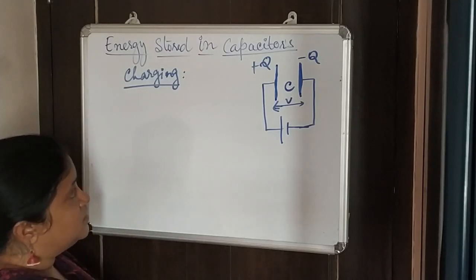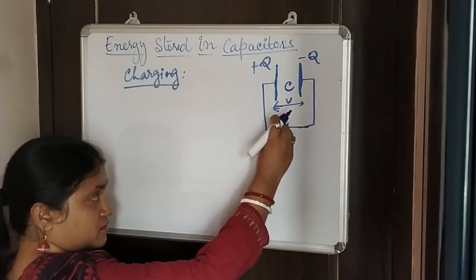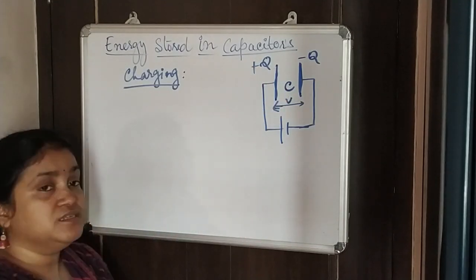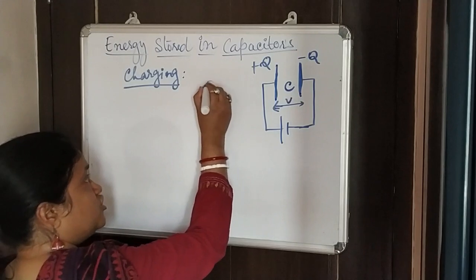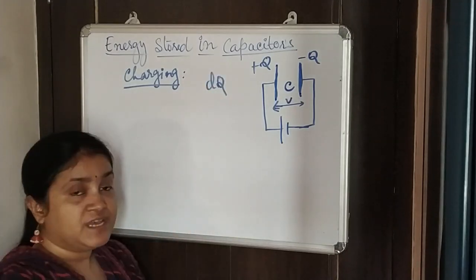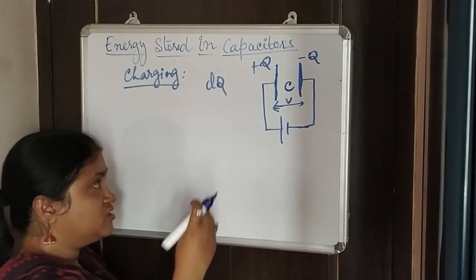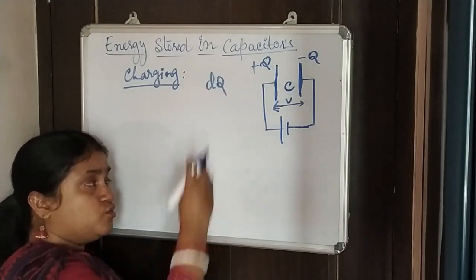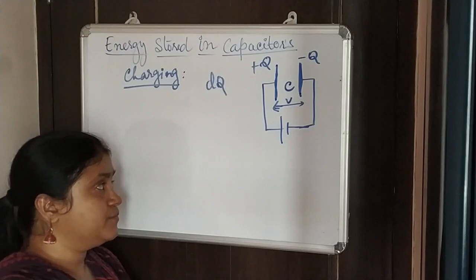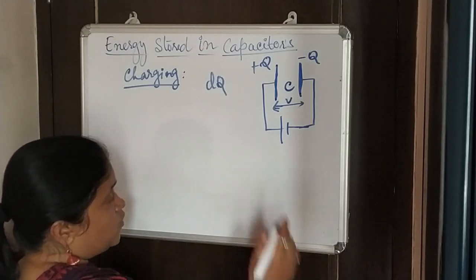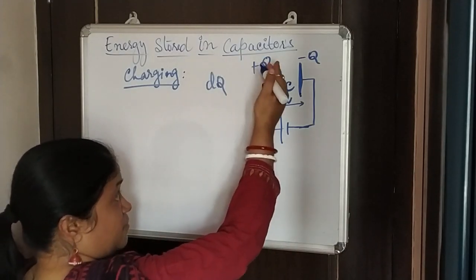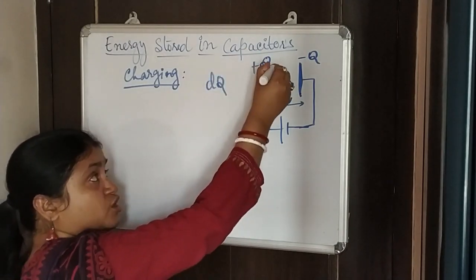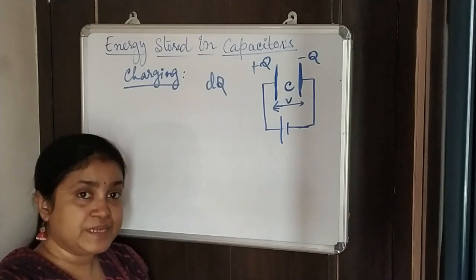Suppose while the battery is charging, the capacitor acquires a small charge dq, and this dq amount of charge is bit by bit getting transferred and stored by the capacitor C.